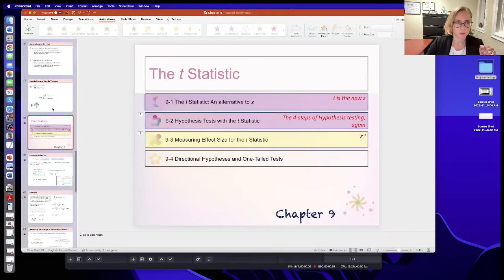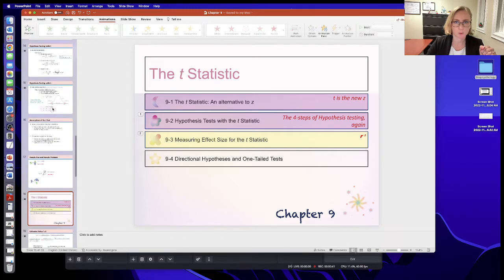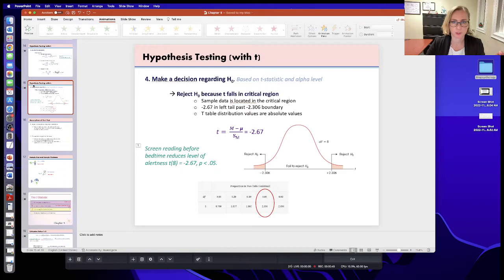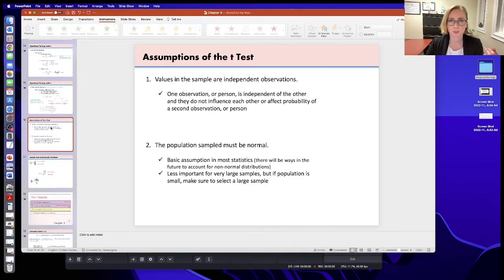Okay, so the last thing that we talked about, we had gone through hypothesis testing, right? Going through each of these steps for the T statistic. We are no longer talking about the Z statistic. The T statistic changes based on the degrees of freedom that you are using. We went over some assumptions that you have to ensure are correct, such as your sample has independent observations, and the population that you're sampling from has to be normally distributed.